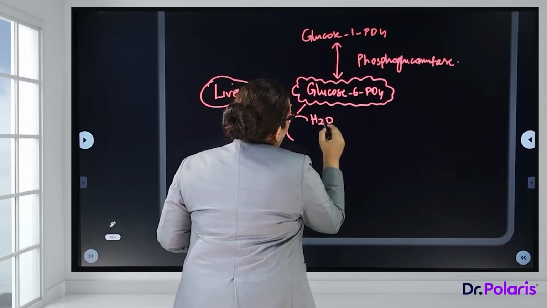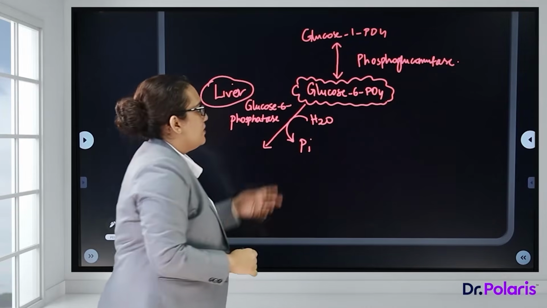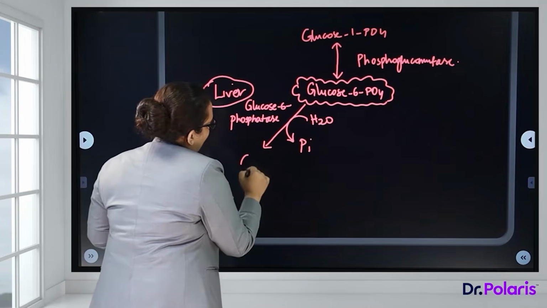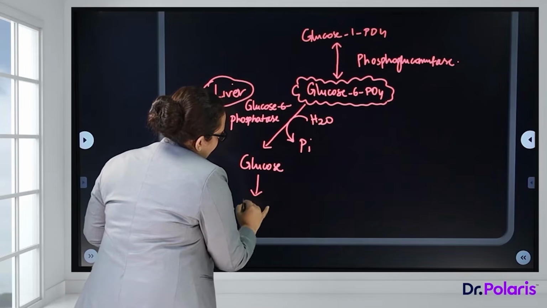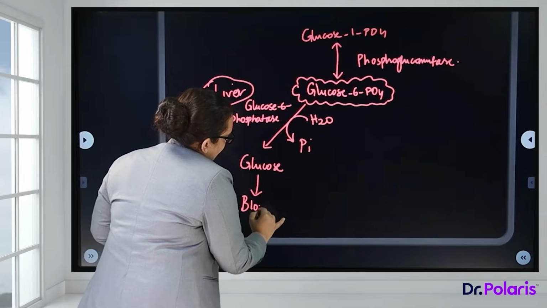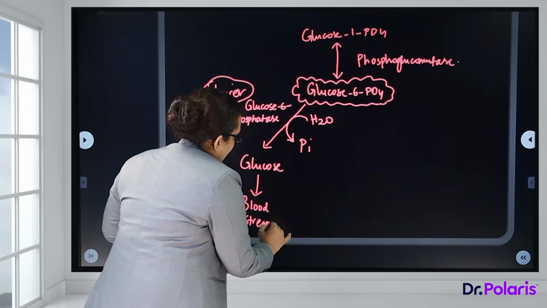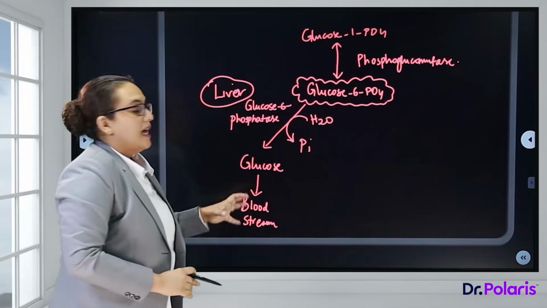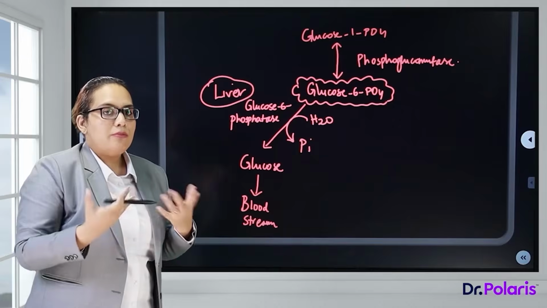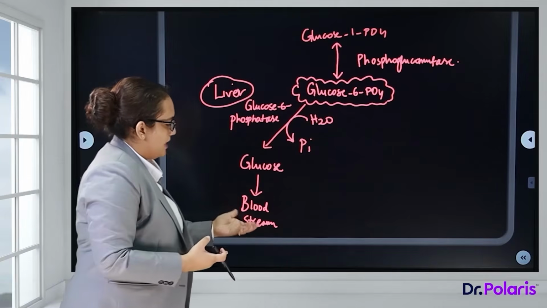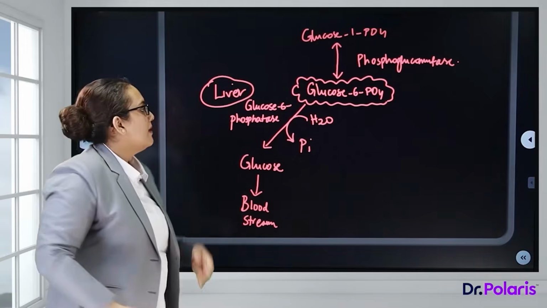A water molecule is required for the removal of the phosphate group. So this will leave us with just glucose, and glucose enters into the bloodstream and is then utilized by various cells. So this is how glycogen is broken down in the liver and utilized for formation of glucose, which enters the bloodstream, is taken up by various cells and utilized for energy by those cells.